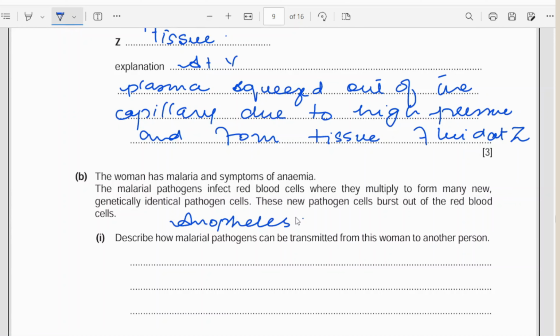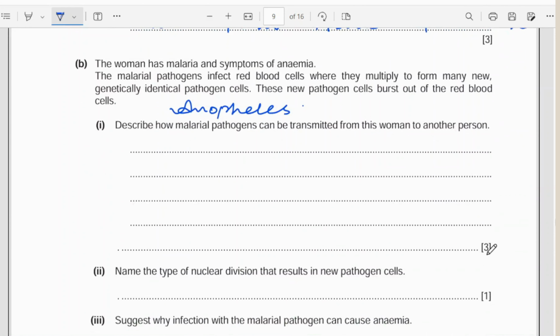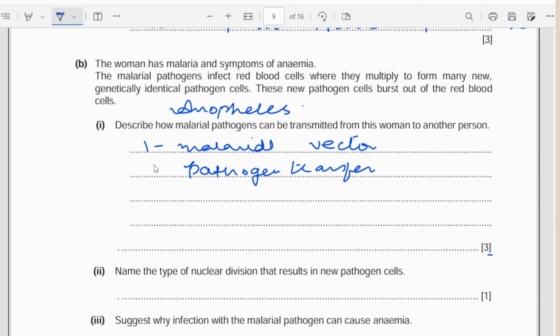They bite the infected woman, and then when they bite another healthy person, they inject the plasmodium into the blood of the healthy person. It's of 3 marks. The very first mark was for the vector and pathogen transfer, and then you can inject it into a healthy person.